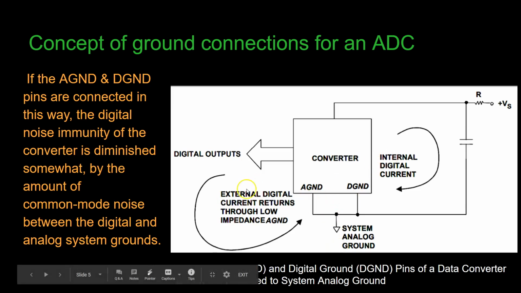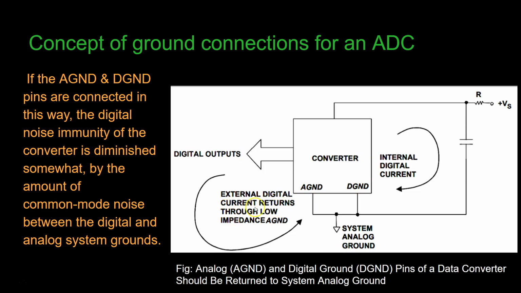These currents you see here, the external digital current returns I'm talking about, should be kept quite small, and this can be minimized by ensuring that the converter output doesn't see a heavy load.